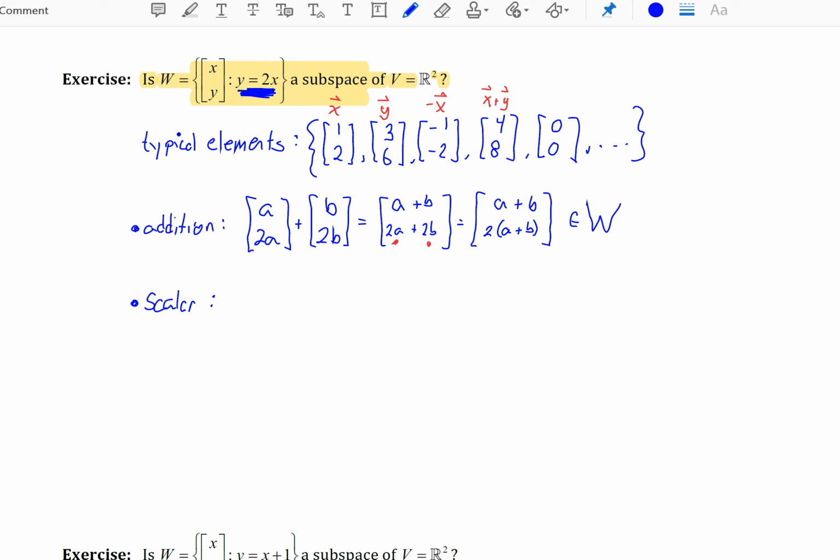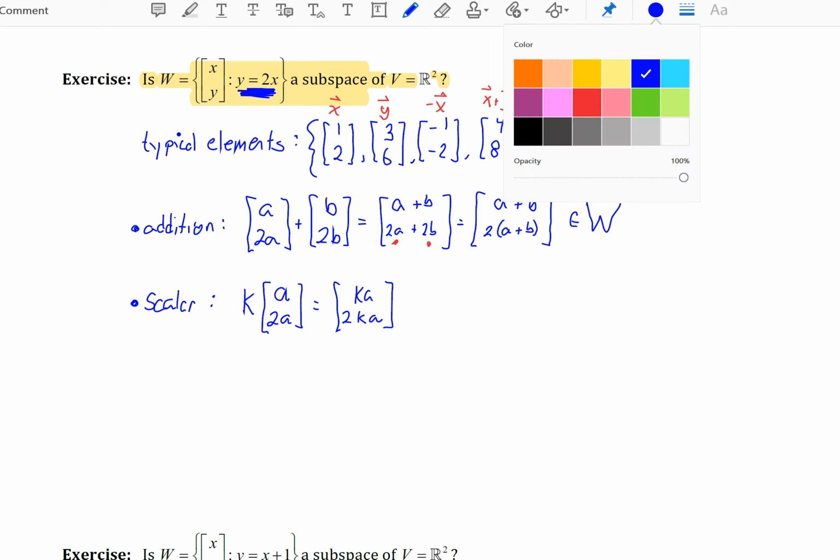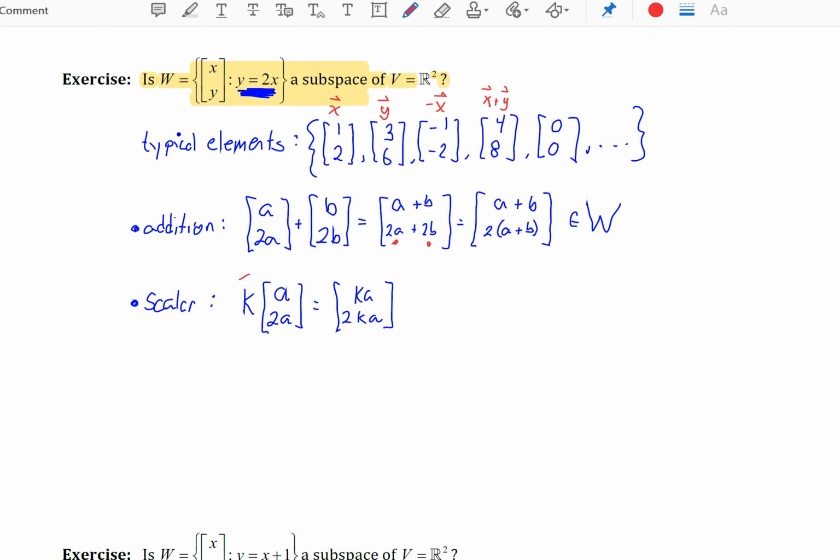Let's look at the scalar multiplication. If you let k be any scalar and multiply it times an element of W, meaning that given some value for x, y is always double that. A scalar version of this vector might look like Ka, 2Ka. Remember, when you scale a vector, you distribute the scalar to each element of your vector.